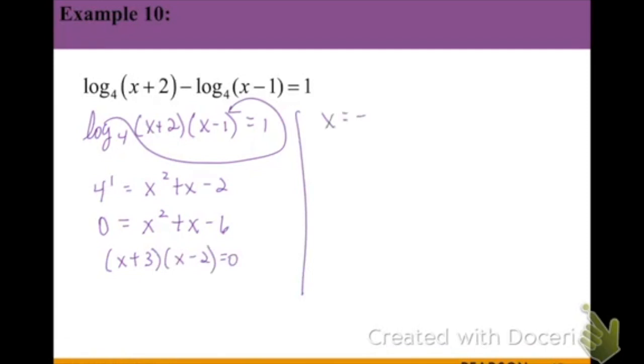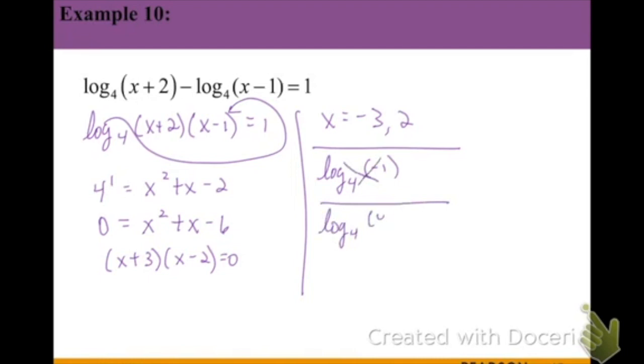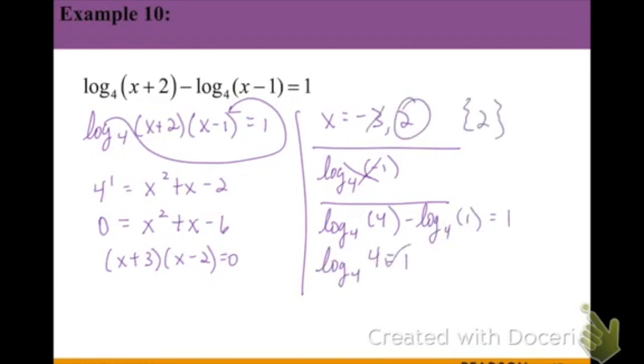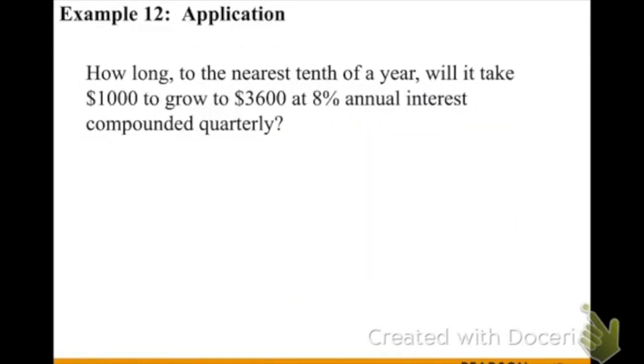So our two potential answers are -3 and +2. When we check -3 right away, we stop because we can't have a negative log value. And when we check 2, we get a true statement. Because condensing, we divide. 4 divided by 1 is 4, and so log base 4 of 4 does equal 1. So our solution is 2.